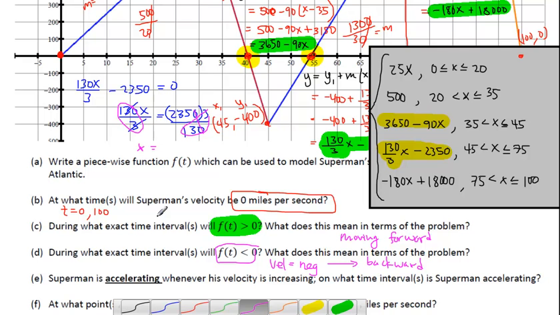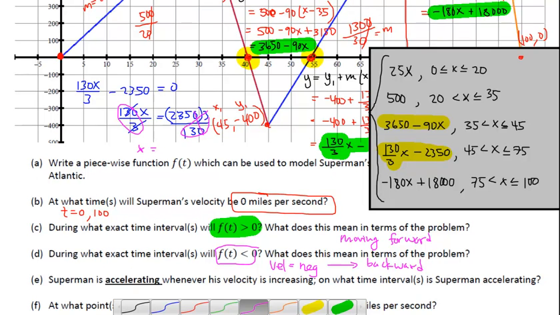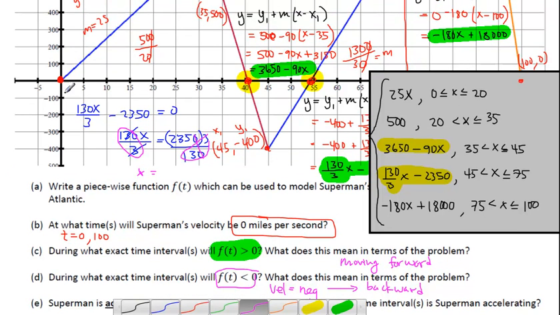which means you're moving backward. So I'm just going to go and find the exact time intervals. And all I have to do is use the x values that I found for the roots in the previous one. So I'll just start that for you.